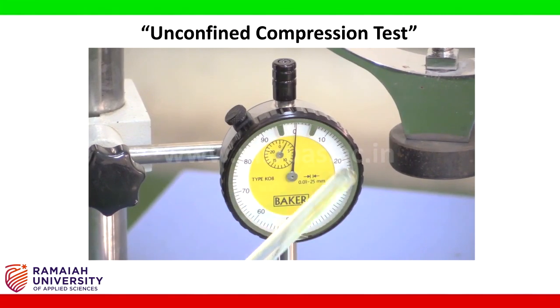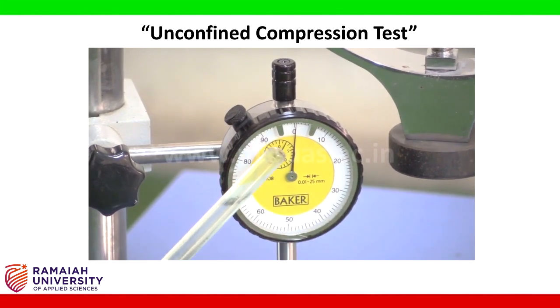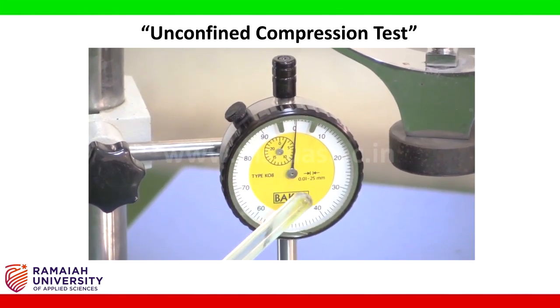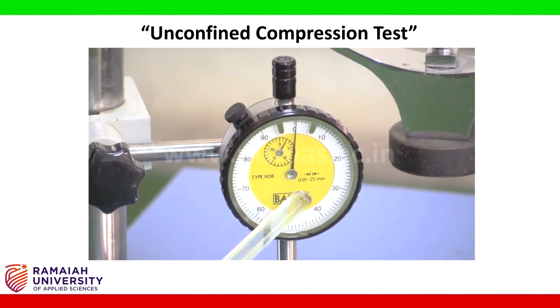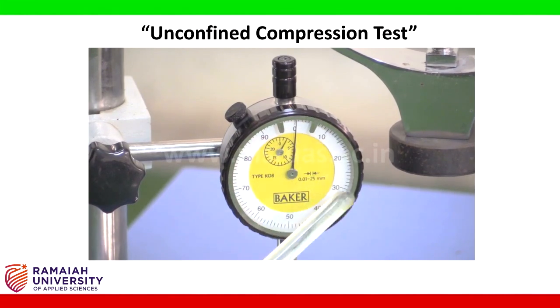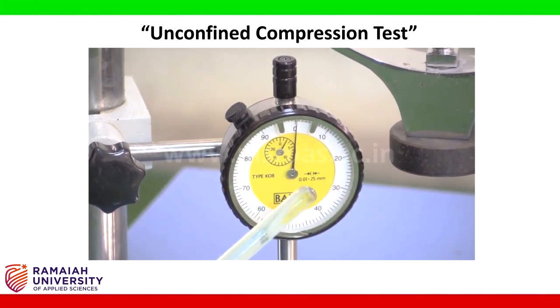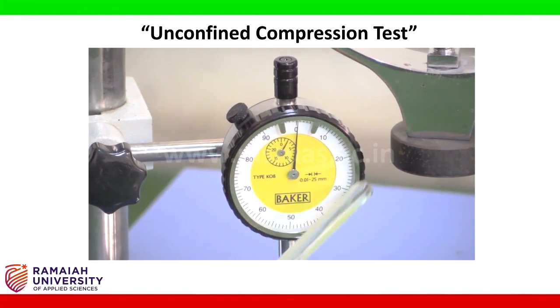Now this full dial is divided into 100 small divisions, and each division represents 0.01 mm. That means when one full rotation is over, you will get 1 mm deformation. Similarly, for each full rotation, you will get 2 mm, 3 mm, like that.